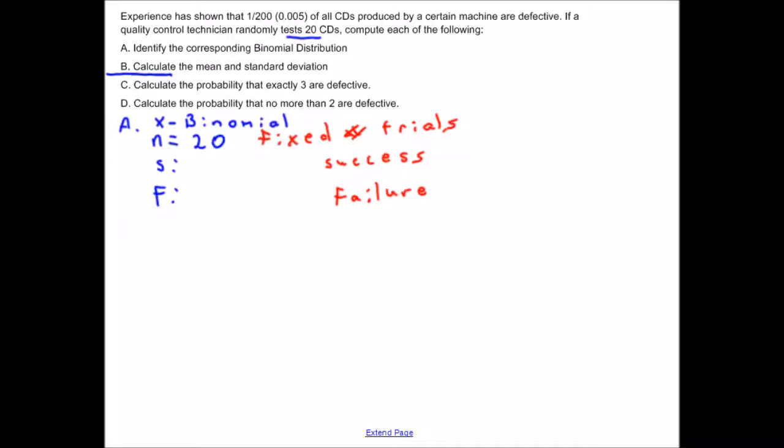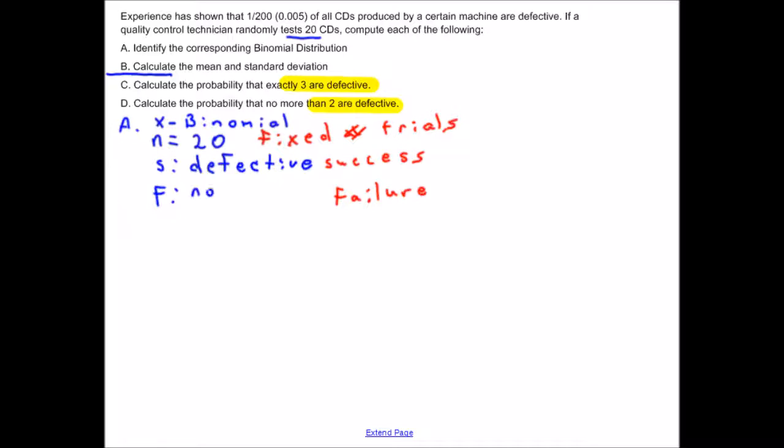In this case, since the part down at the bottom is asking for probabilities of defectives, it would be a good idea then to say that success is actually a defective CD. Connotation would say defective would be a failure, but for our probability, defective is considered success.